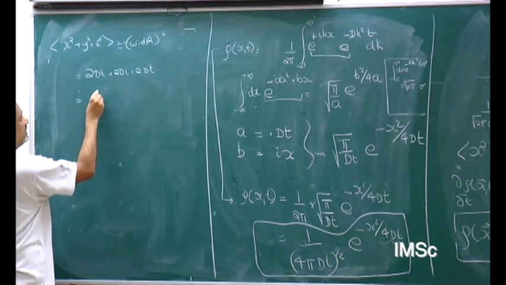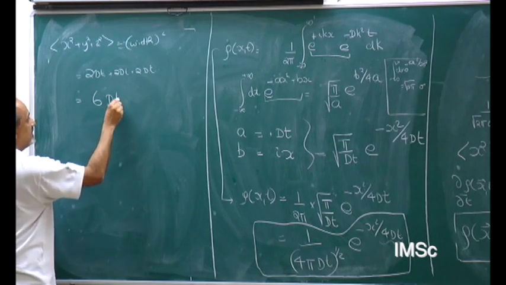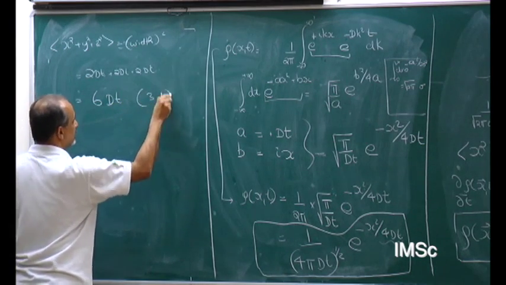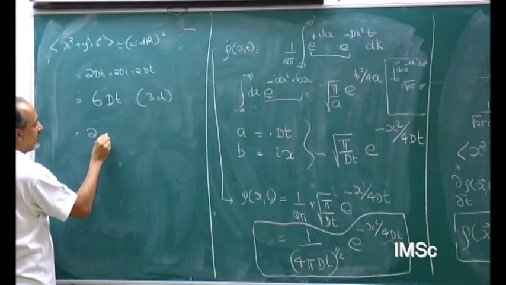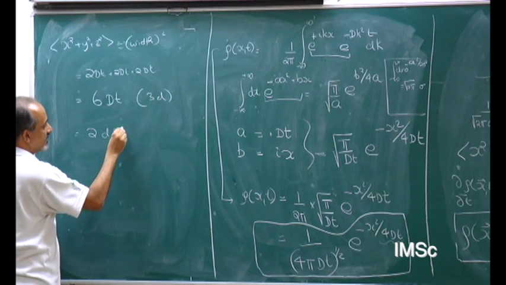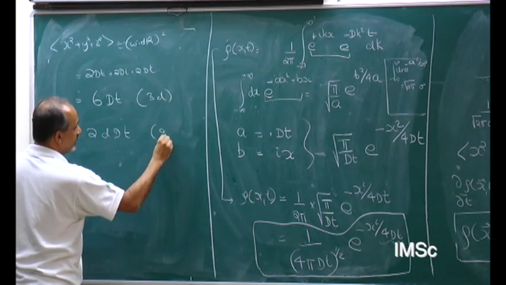This is just 6 times d times t in 3 dimensions, and is twice the dimension, times the diffusion constant, times t in general dimension.